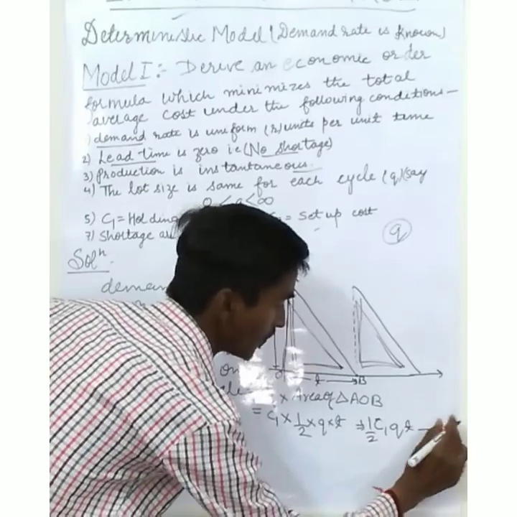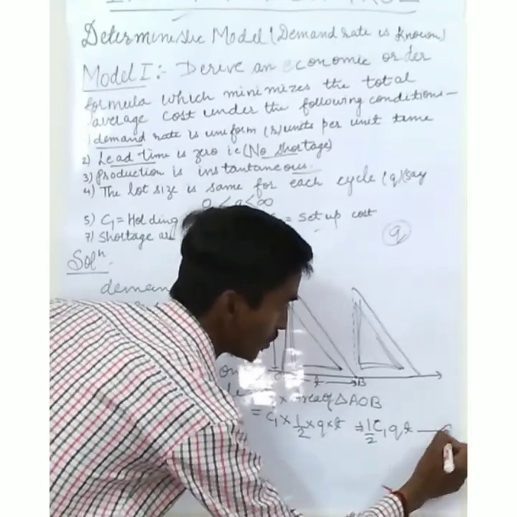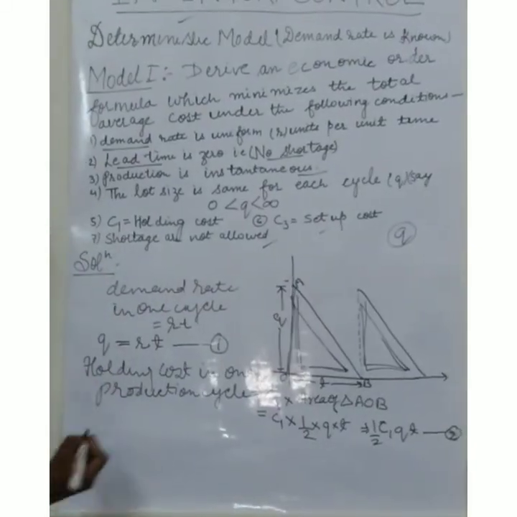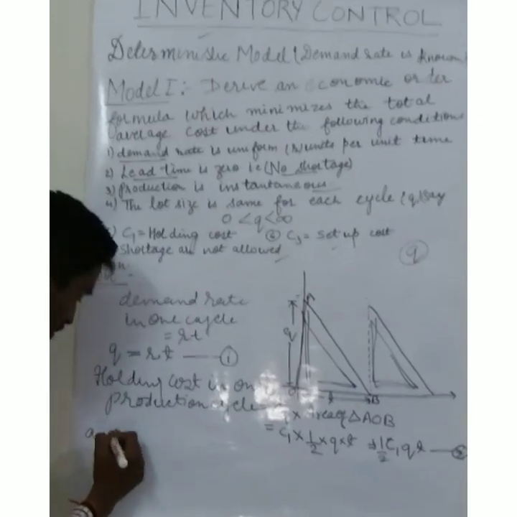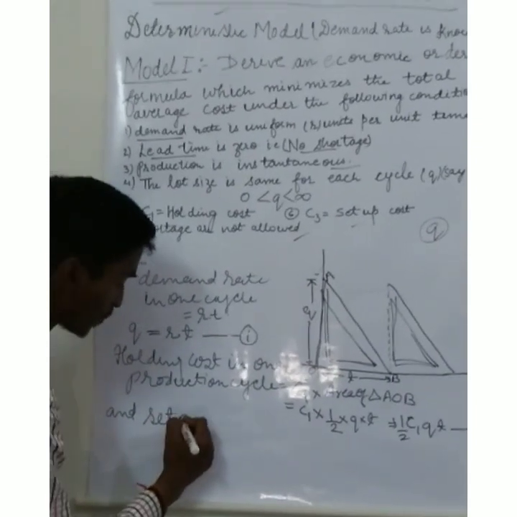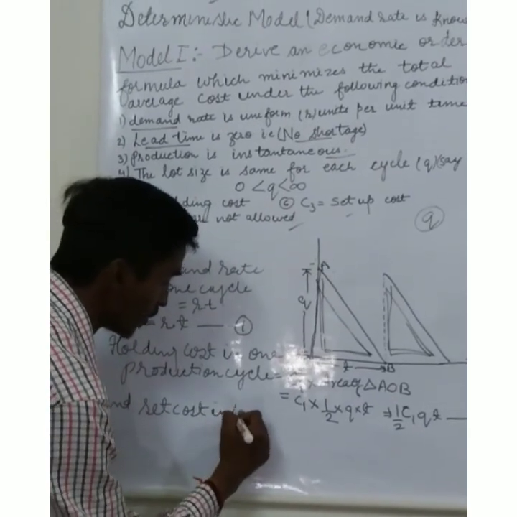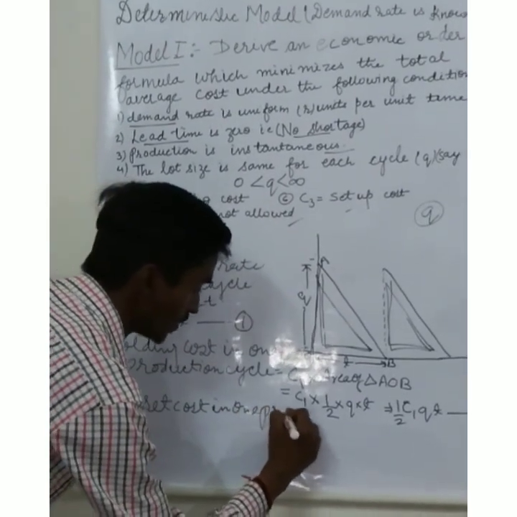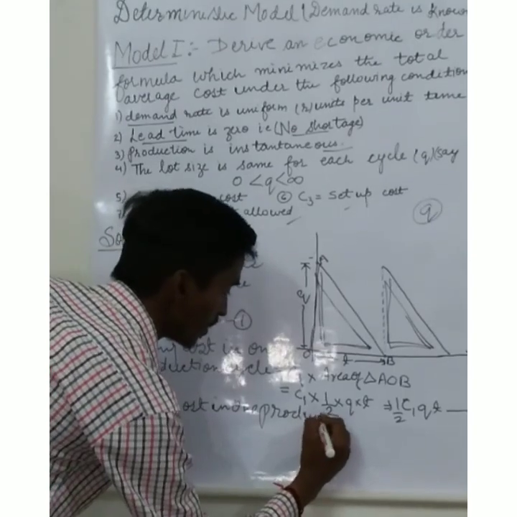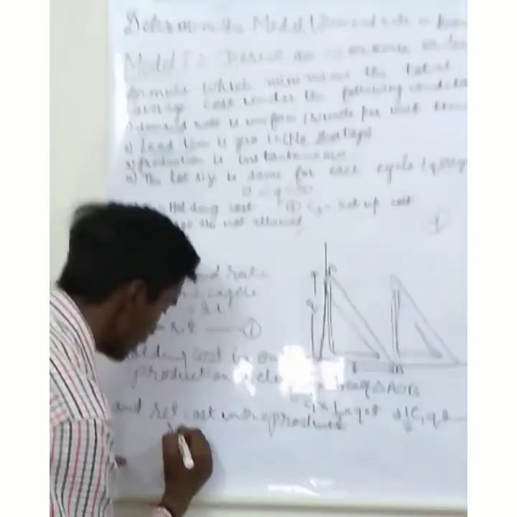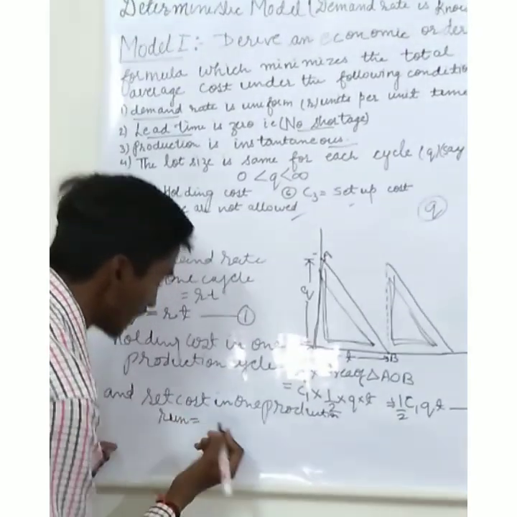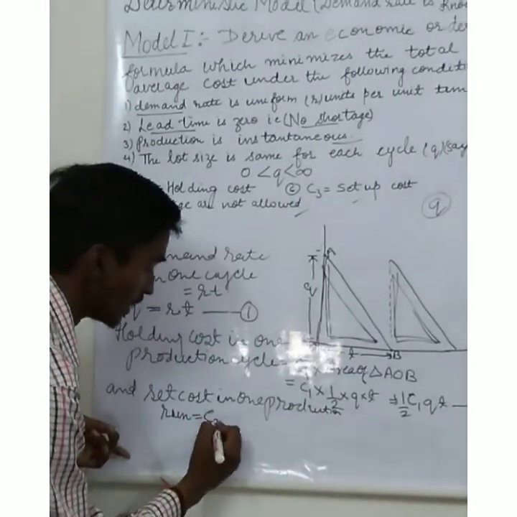This is equation number 2. And the setup cost in one production run, one production cycle, is equal to C3.